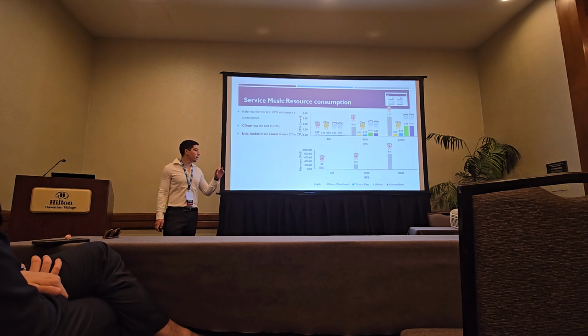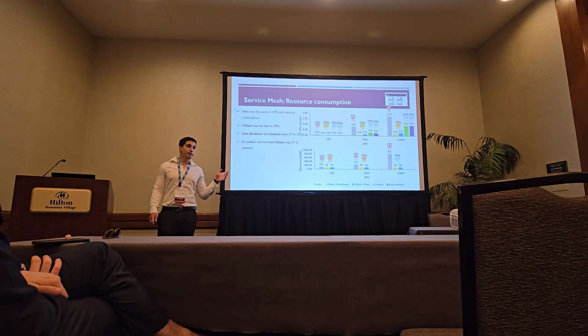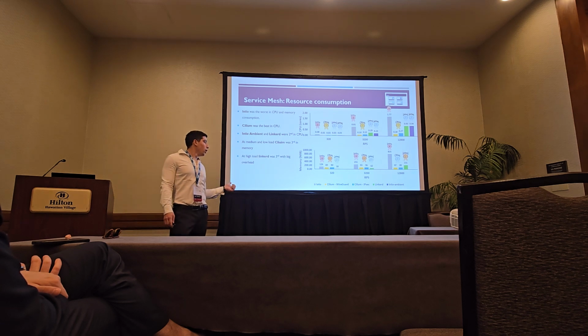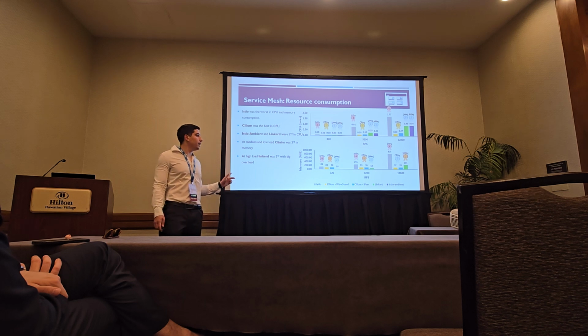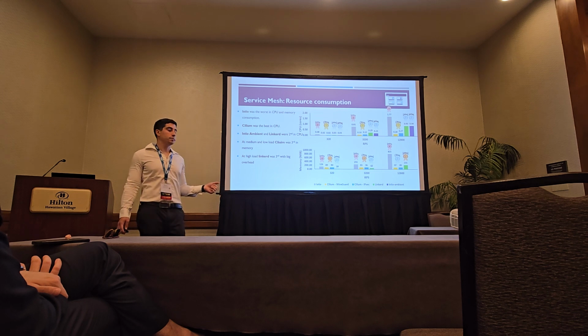Now we'll come back to the memory. At medium loads, Cilium was third, and in the high loads, Cilium was second, as before. And Linkerd in the low loads was second, and first, and third in the high loads. Again, Linkerd is sidecar, and Cilium is sidecarless.